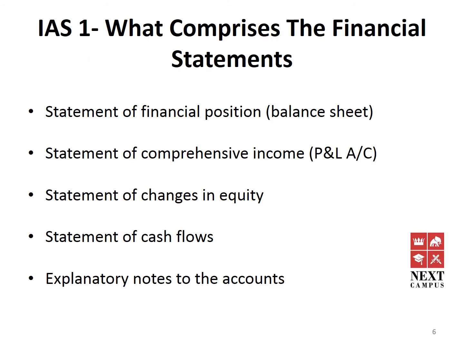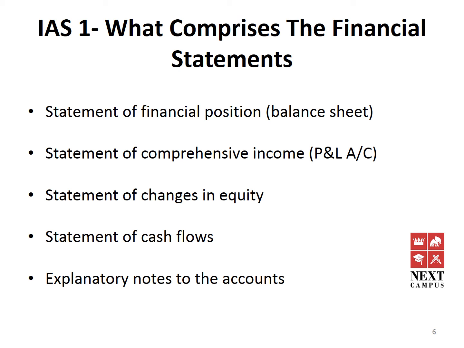So now we will see, when someone says a set of financial statements, what constitutes a set of financial statements? Generally, a set of financial statements, the final accounts, will include the following 5 components. All these are individual statements. Looking at them, the users and stakeholders of financial statements make their own business decisions.